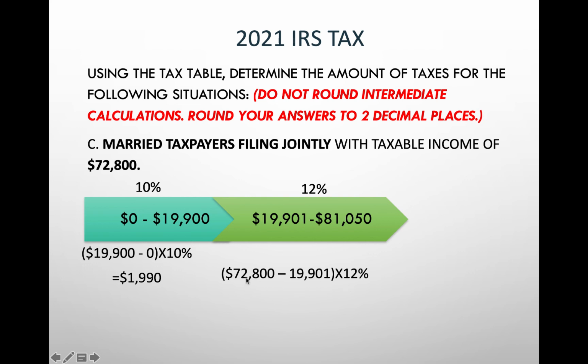So once I calculate that through, the tax amount for this bracket is $6,347.88. So for the total amount owed, I will add these two numbers up, and we will get $8,337.88.